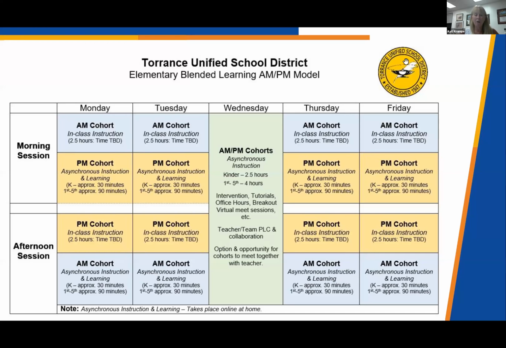It's less for kindergarten, but you have approximately 90 minutes of asynchronous at-home instruction that your child will need to do. This is because the state has given us direction that requires 240 minutes, or 4 hours, of instruction a day. So we've broken this up into an approximately 2.5 hour and 90-minute session.